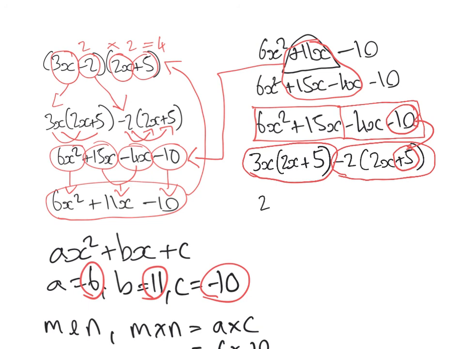So, we take the bracket out, 2x plus 5. And what's left? Well, what's left from the first term is this 3x here, and what's left from the second is this negative 2 here. So we write that there, 3x minus 2. And that is our answer. And that's how we factorise.